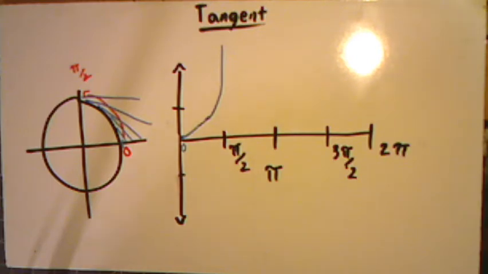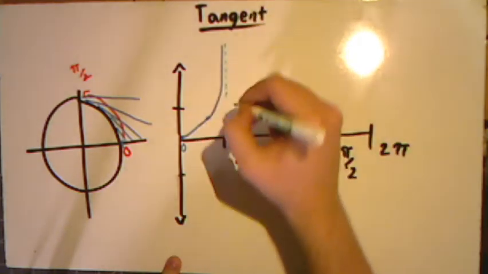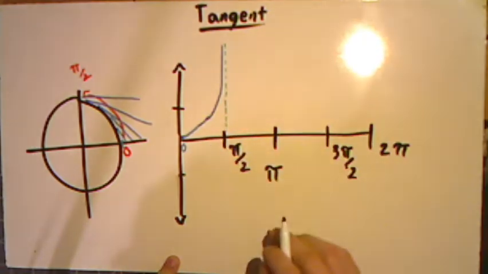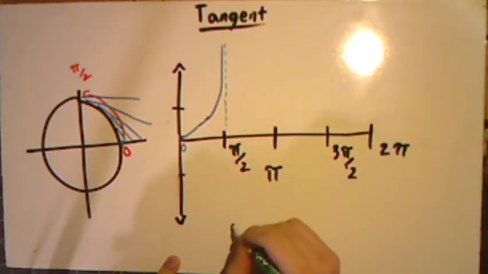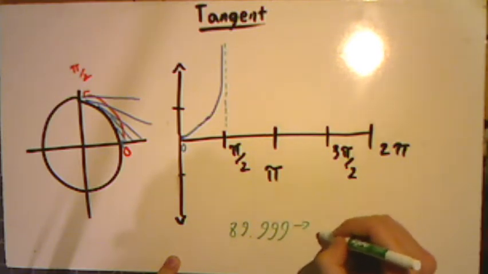It is very important to recognize that my drawings are not directly to scale, because there is a space exactly at pi over 2 that this graph does not touch. It can get really, really close to it. It can get to the 100th decimal of the number before it. So in degrees, you can get to 89.9 100 times.